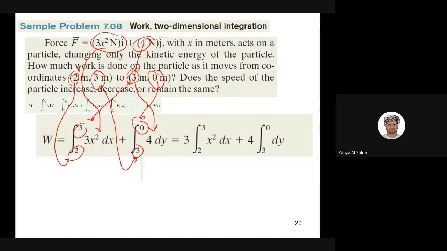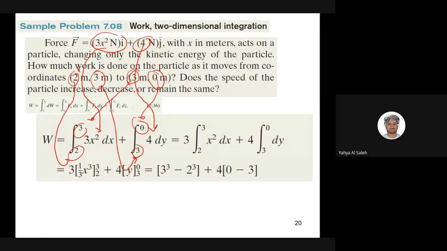We end up with 3x squared dx plus 4 dy from 2 to 3 and from 3 to 0. We end up with 3x cubed over 3 plus 4y over the limits. And what we end up with is a simple number, 7 joules.